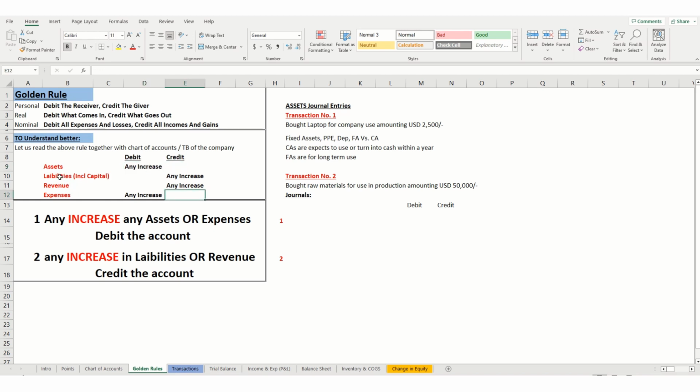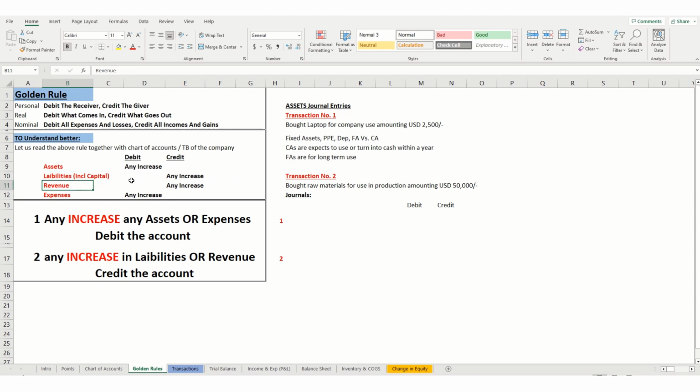And the second thing, number two: any increase in liabilities or revenue. Liabilities, that is including capital. Any increase in liabilities and revenue will be credited. So what will happen to the decrease in liabilities and revenue?